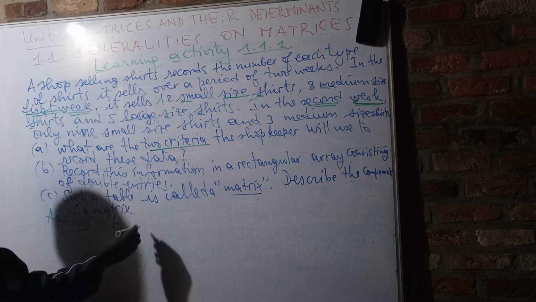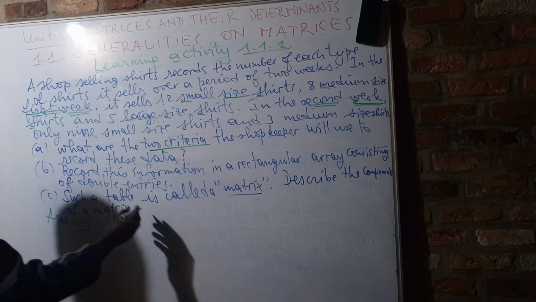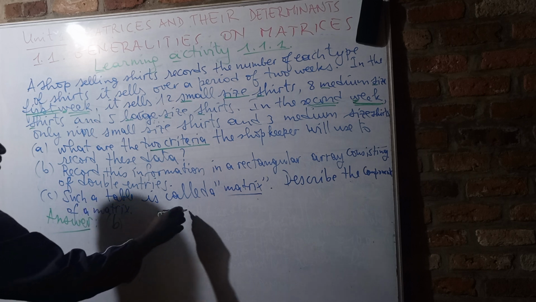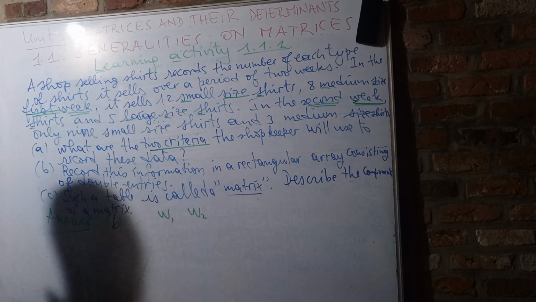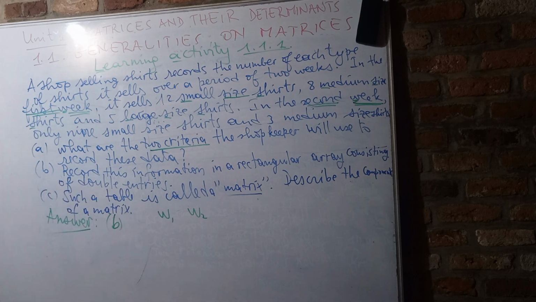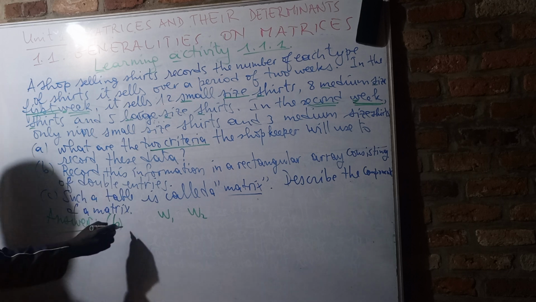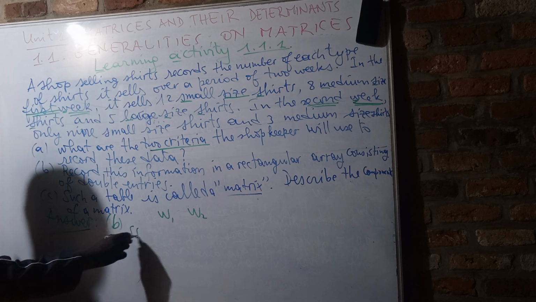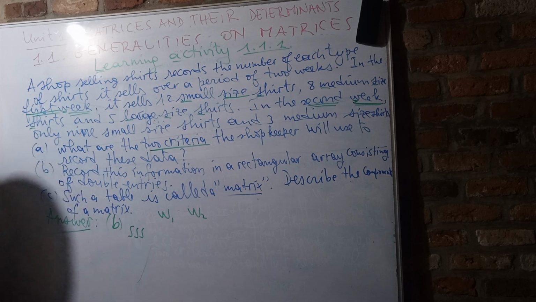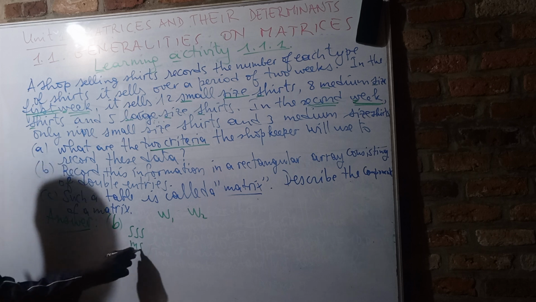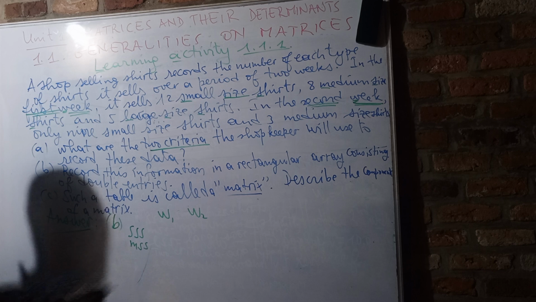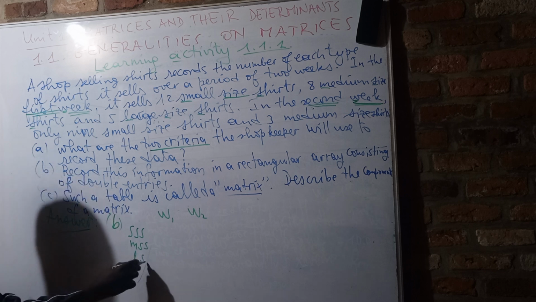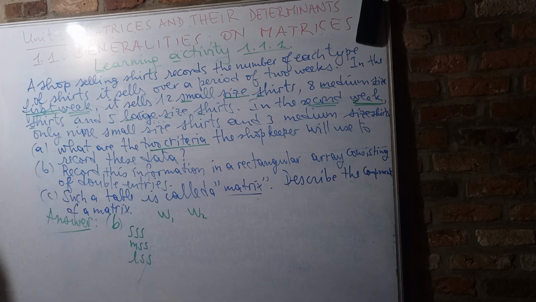So we can choose. There are two ways of doing it. We can consider week 1, week 2, and then we can consider small size shirts, medium size shirts, and large size shirts, the number.